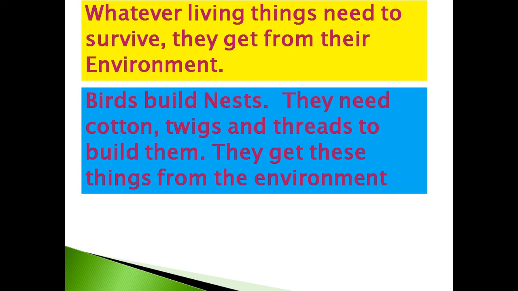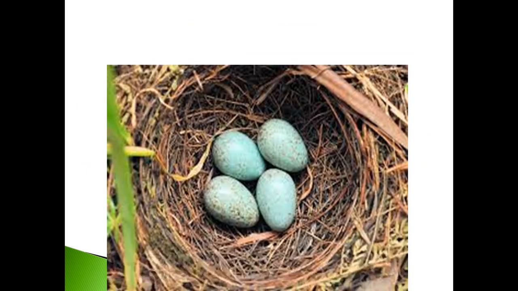And all three things they get from the environment. Students, this is a nest of a bird. They lay their eggs in the nest and they take care of their young ones.